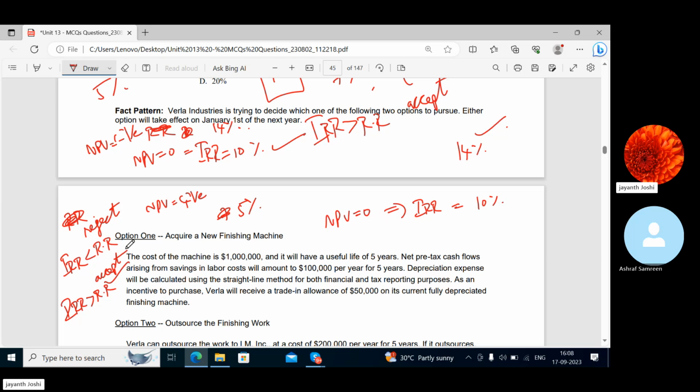Since the present value of future cash flows when discounted at 7% is less than the initial investment, IRR must be lower than the 7% required rate of return. If it is not the case, then we should not take the project. So we have got the rule here.